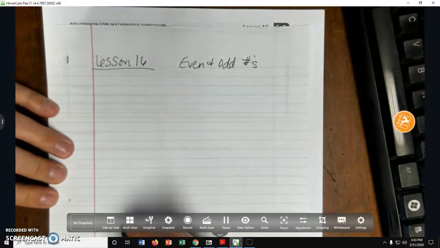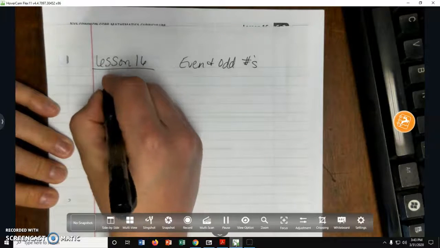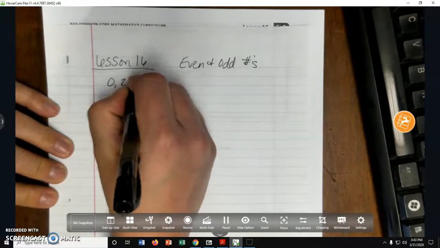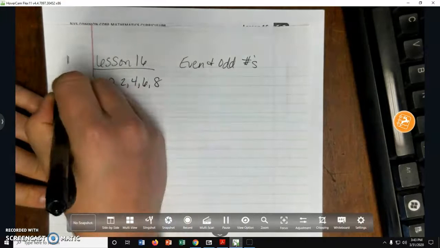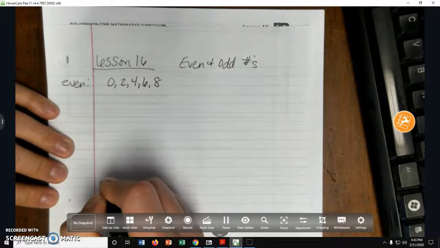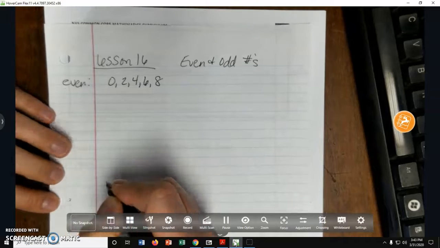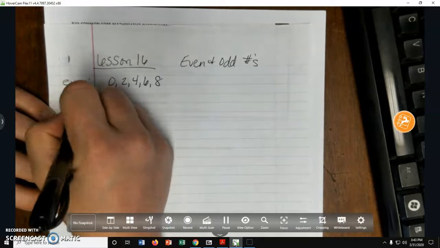Wow. The first thing it asks is, what is an even number? Well, we know that all even numbers must end in a 0, 2, 4, 6, or 8. We're all feeling super smart right now, loving it.